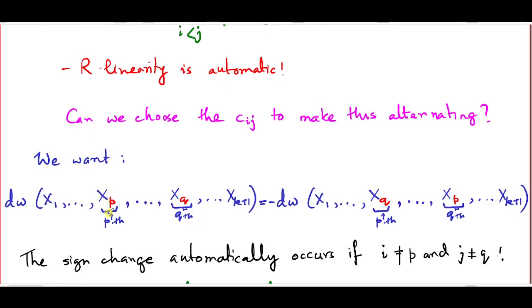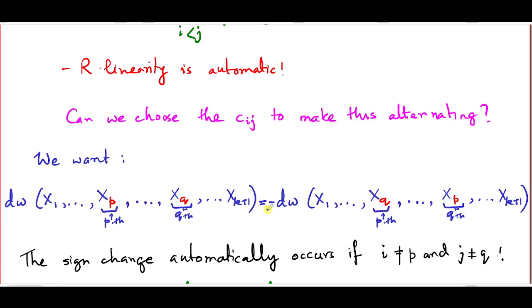If we were to take p and q to be any two distinct integers within 1 to k+1, and for definiteness we have taken p to be less than q. In the original set of arguments, we have Xp in the pth position and Xq in the qth slot among this argument list for d omega. If you interchange these two vector fields, that is, you had Xq in the pth slot and Xp in the qth, you should end up with a minus sign.